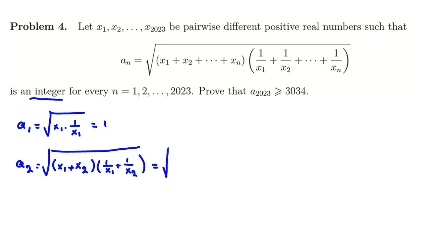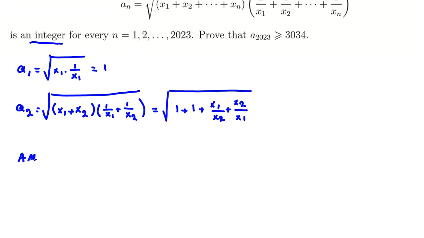So here, if we multiply, x1 times 1 over x1 is 1, x2 times 1 over x2 is 1, plus x1 over x2 plus x2 over x1. Now, it says they are different, pairwise different. By AMGM, we know that x1 over x2 plus x2 over x1 is greater than or equal to 2 times the square root of the product of them. The product of them is 1.